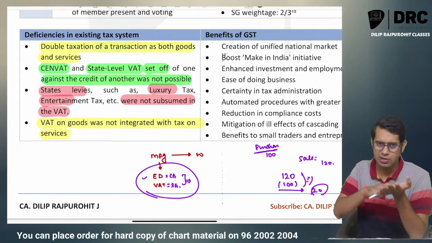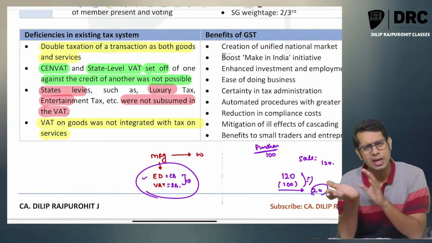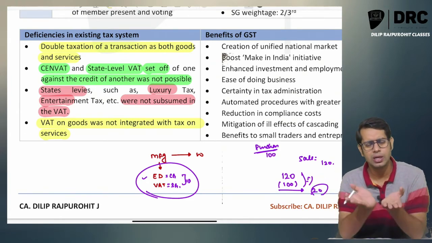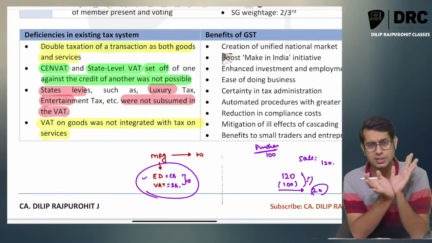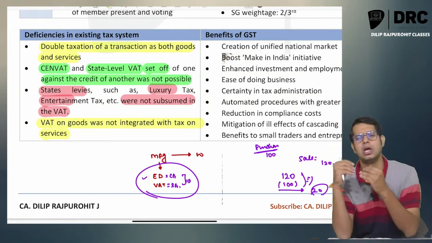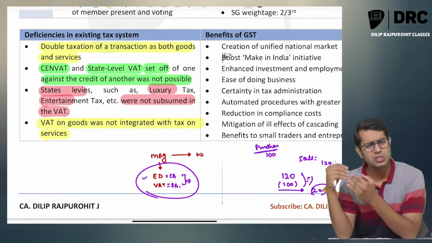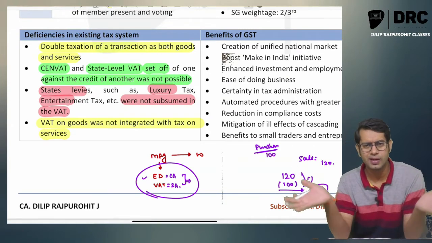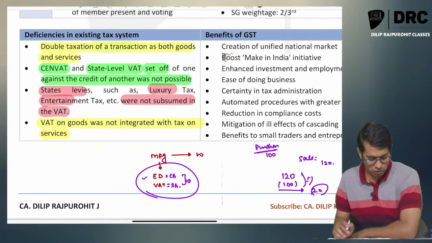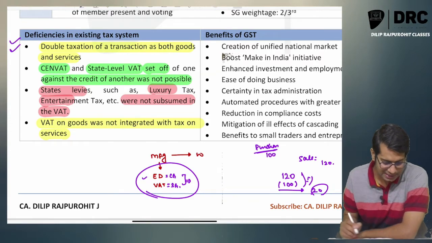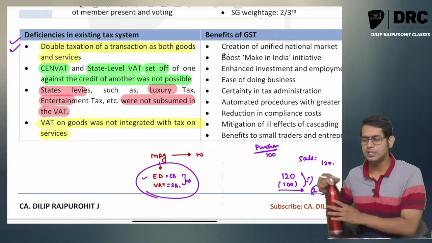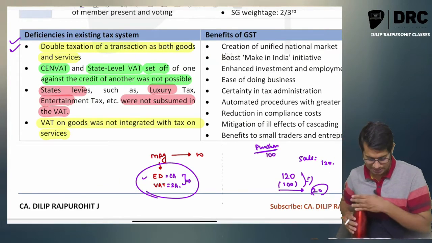They were collecting VAT on goods and service tax on services, with no linkage. For services, they were collecting only service tax; for goods, only VAT; and some transactions were treated as both goods and services, and they were collecting both. So these were the deficiencies in the existing indirect tax systems.